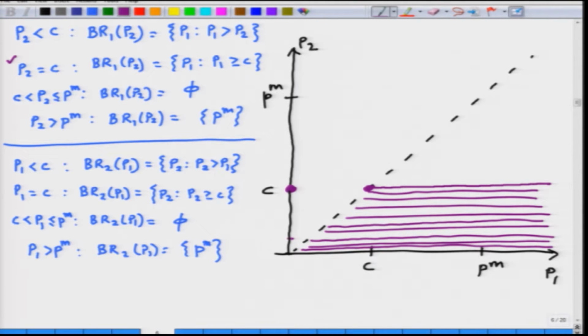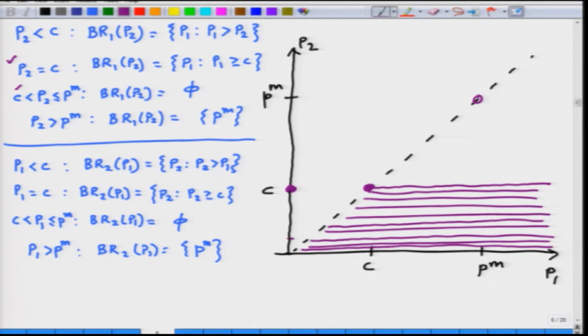So, this includes the point C and anything greater than C. This is firm 1's best response. Now, for any price P2 between C and Pm, let us say Pm is somewhere here, firm 1 does not have a best response.